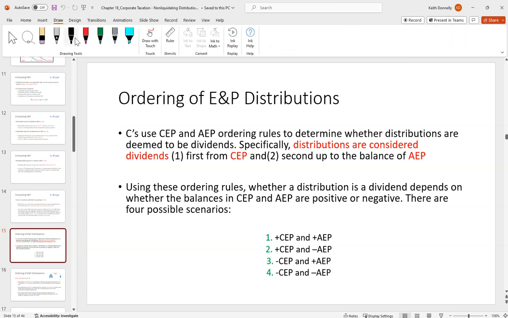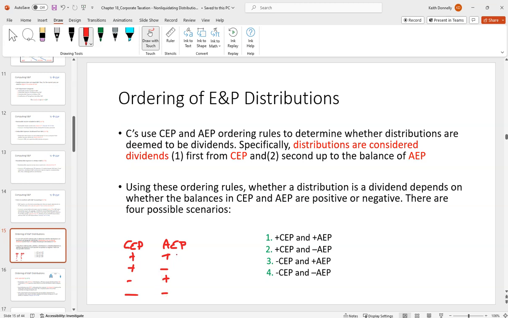Then we said, once you establish your CEP, and you know your AEP because it's basically just a roll forward, and for an academic example, they're going to give you these numbers if they test it this way. There are four scenarios: positive, positive; positive, negative; negative, positive; negative, negative.